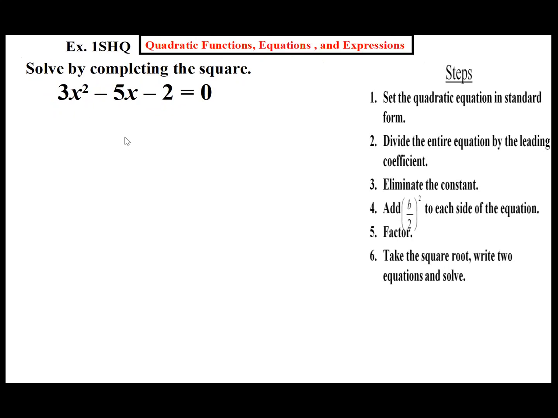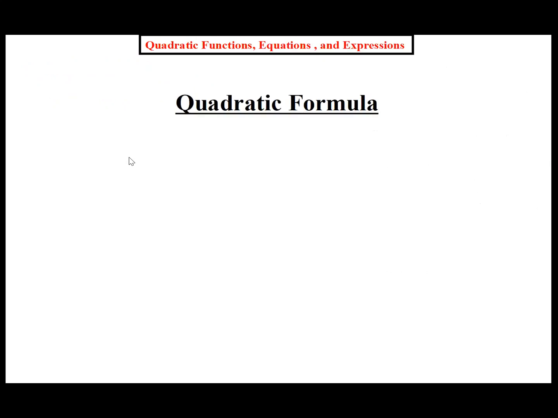And then I gave you one that had a different look, example 1 Michael Jordan Q, which was x squared plus 10x equals -9. I said, if you notice, the constant is on the other side of the equation, which means they already did steps 1, 2, and 3 for us, and we needed to continue by completing the square, okay? So from there, we went to our favorite one, which was quadratic formula.